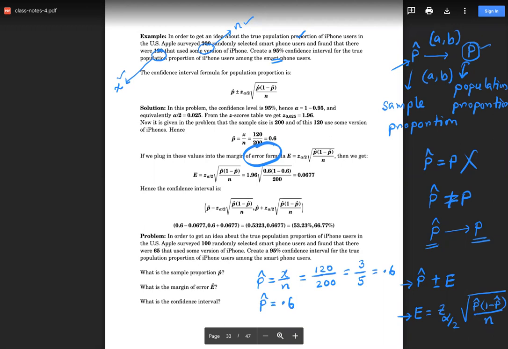Now, what is the confidence level? The confidence level is 95%. So what is alpha? Alpha is 1 minus the confidence level, which is called the significance level.